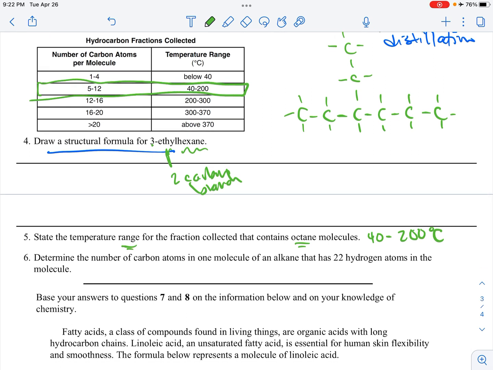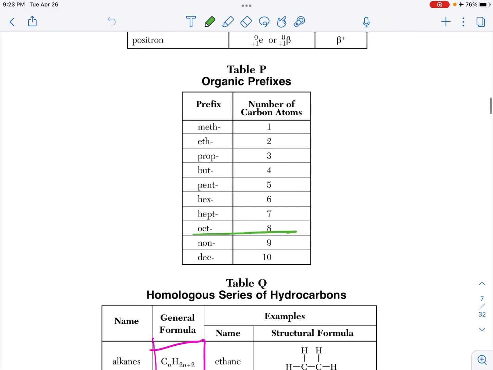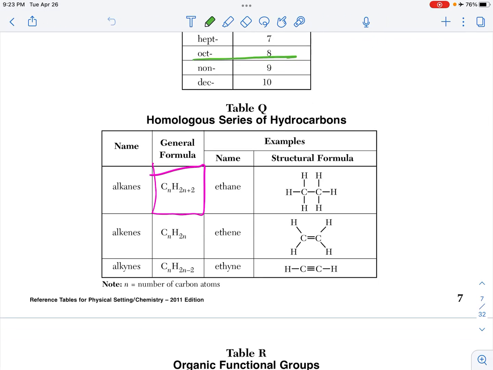Determine the number of carbon atoms in one molecule of alkane that has 22 hydrogen atoms in the molecule. Okay, so this is where we're going to use the homologous series table Q. It is an alkane, and hydrogen atoms we know. Oh, look, it's already ready for us.